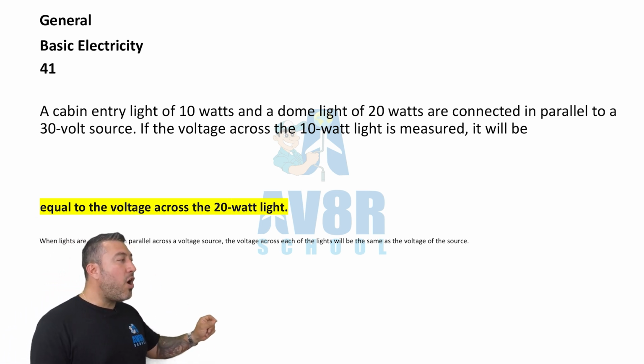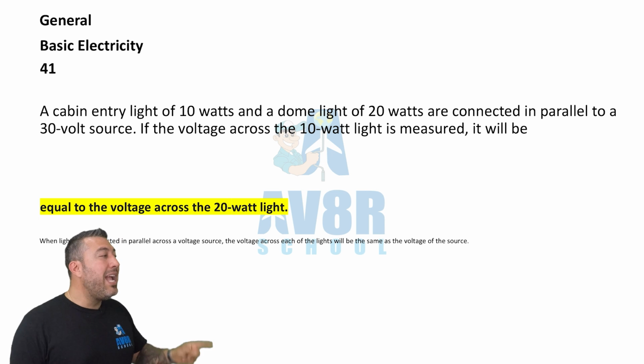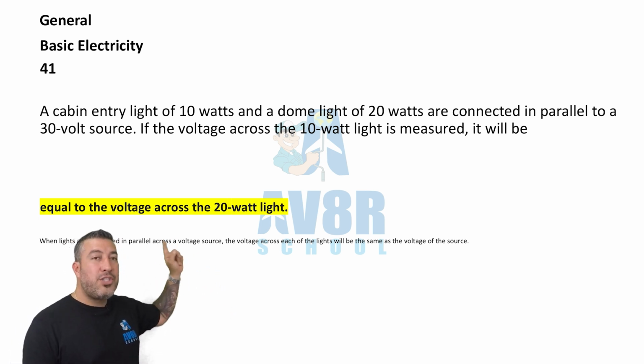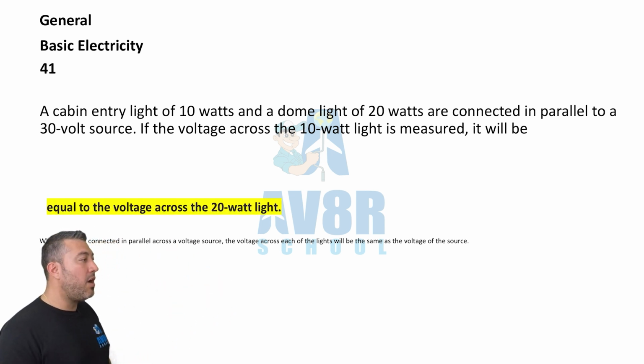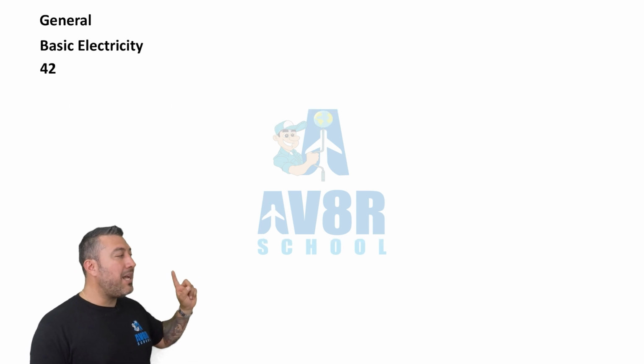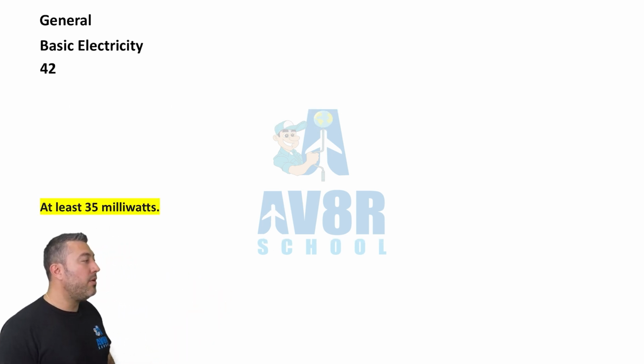If the voltage across the 10-watt light is measured, it will be equal to the voltage across the 20-watt light. Very simple enough. The answer is the voltage across the 20-watt light.